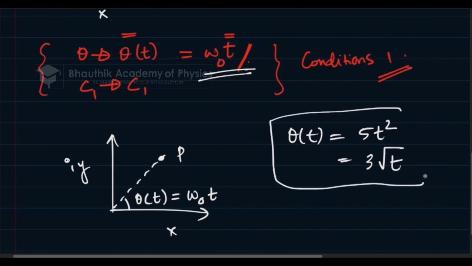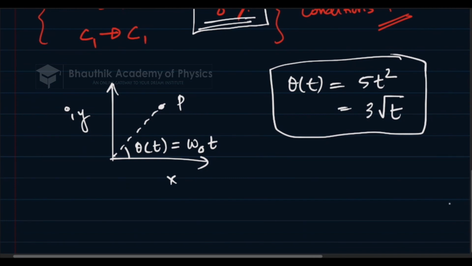Actually, in principle, there is no problem in defining the theta function with any function that you want. But the reason why I defined theta of t as omega 0 t is that we have a certain aim, because we are trying to derive an expression for the Fourier series. And because of that, I restricted my function as a linear function of time t.